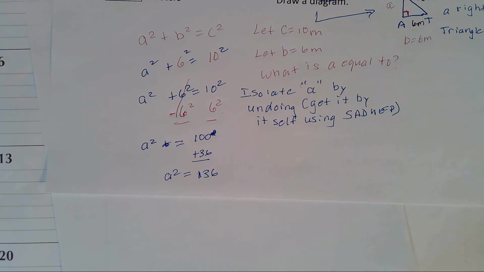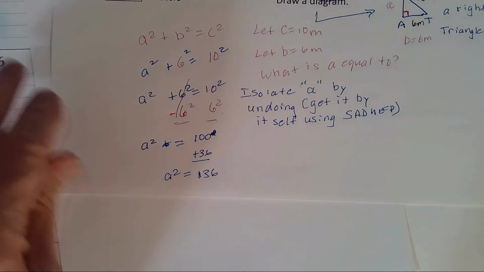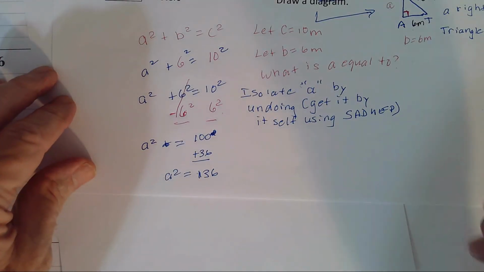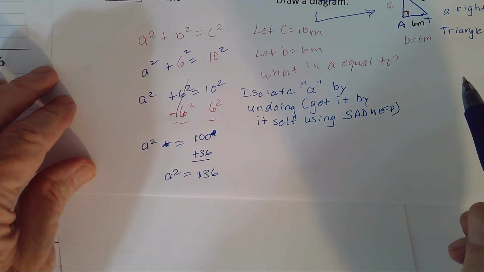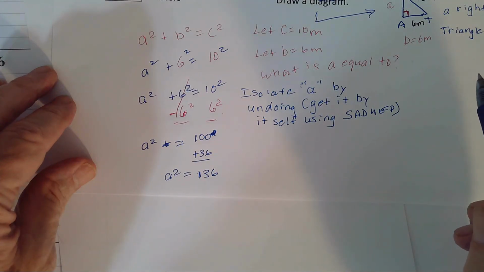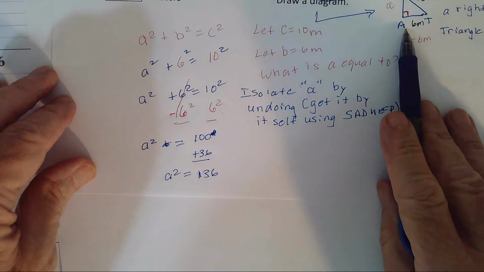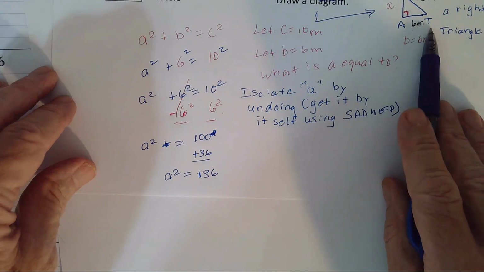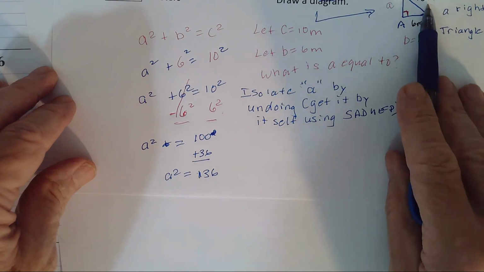So then the question becomes, oh, you know what? I just realized I did something wrong. I always have to check myself on these things. Let me see here. Or maybe I did it right. Let me see. 6, 10.